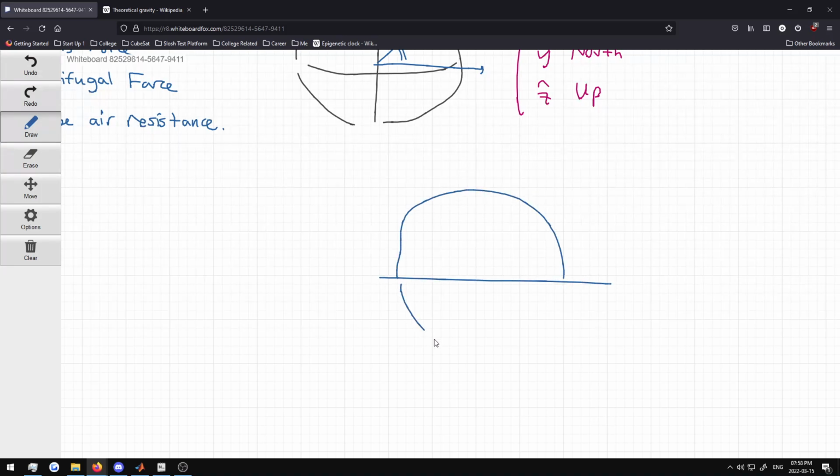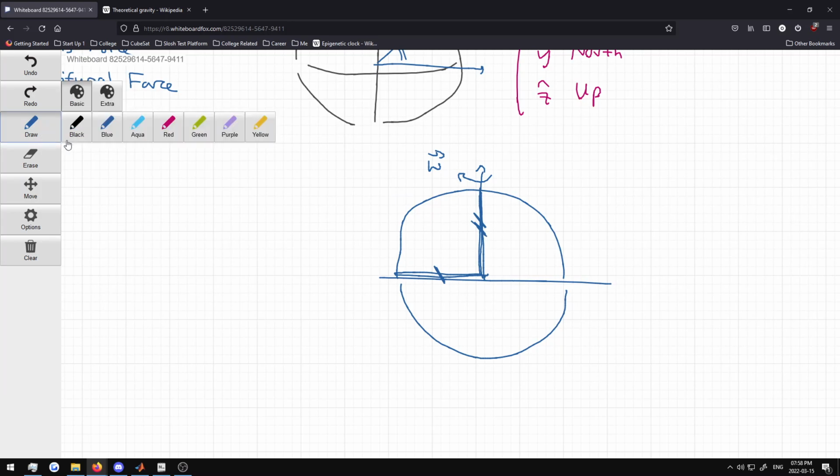This is something I'd like to explain just in case people are unaware: the Earth is not actually a perfect sphere. Since it's spinning, there tends to be a little bulge around the equator. This would be the axis it spins about. Because of that, we have a semi-major axis and a semi-minor axis, and this length is not the same as this length.